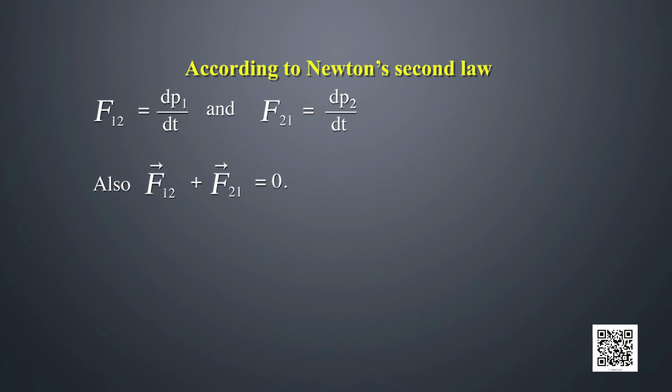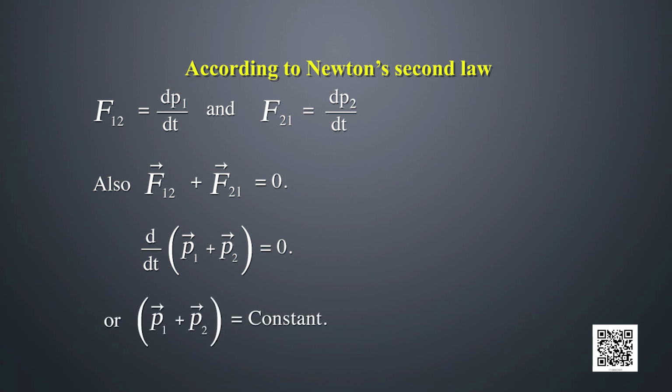Also, F12 plus F21 equals 0, the forces being equal and opposite. This implies d/dt of (P1 plus P2), that is, the total rate of change of momentum of the two bodies, is 0, or P1 plus P2, the total momentum of the two bodies, is constant.